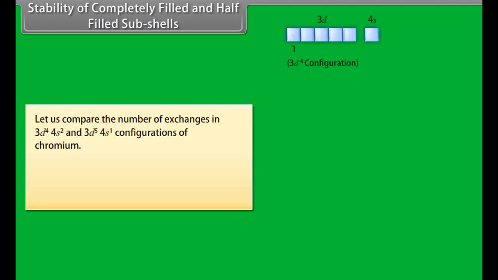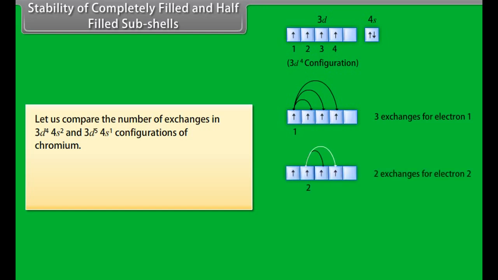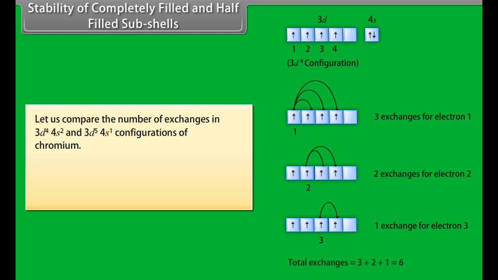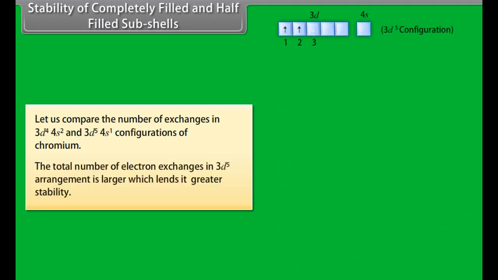Let us compare the number of exchanges in the 3d4, 4s2 and 3d5, 4s1 configurations of chromium. Thus, in the 3d4 arrangement, electron exchanges are 6, which implies that there are 6 possible arrangements with parallel spin in the 3d4 configuration. The total number of electron exchanges in the 3d5 arrangement is larger, which lends it greater stability.